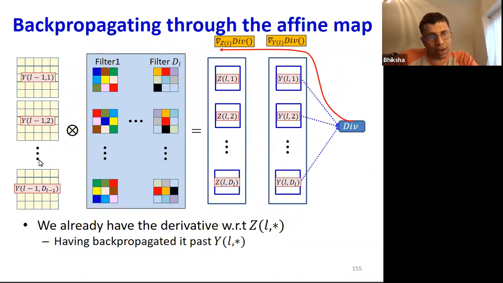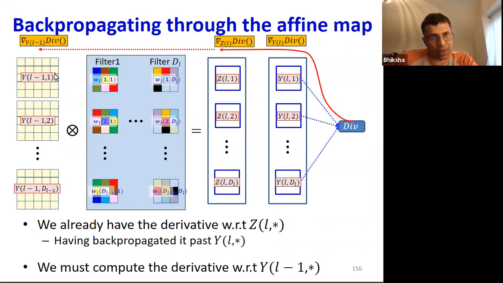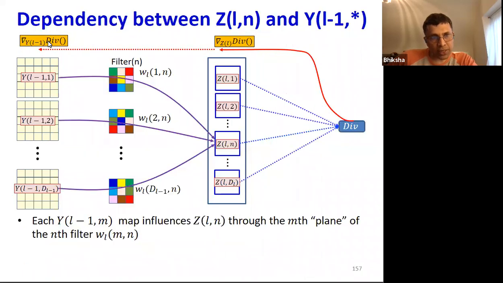Now, we've computed the derivative here. We want to take this backwards all the way to the previous layer activation map. Now, if you consider the nth affine map of the Lth layer, the nth affine map is obtained by convolving the activation maps of the L-1th layer by the nth filter. Again, the nth filter has as many of these little planes.